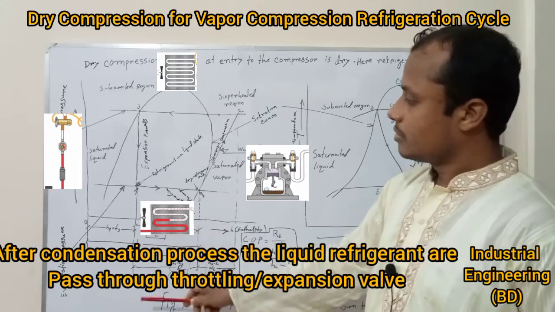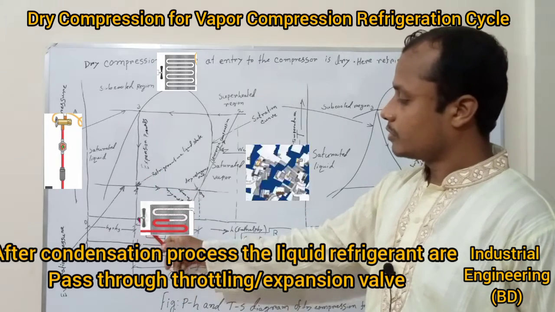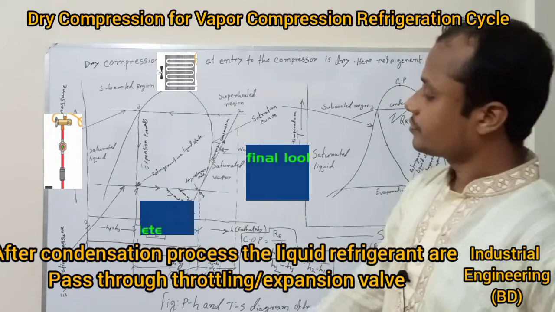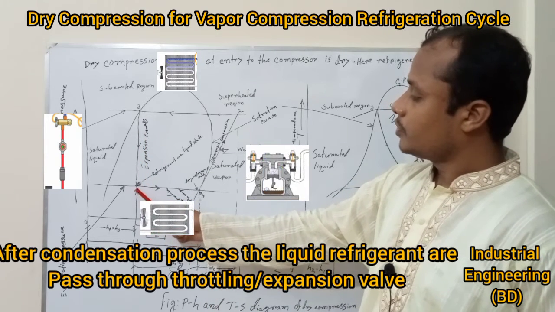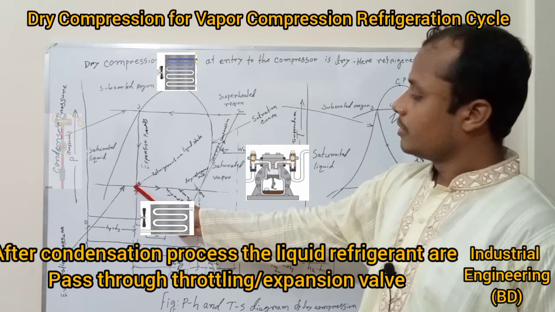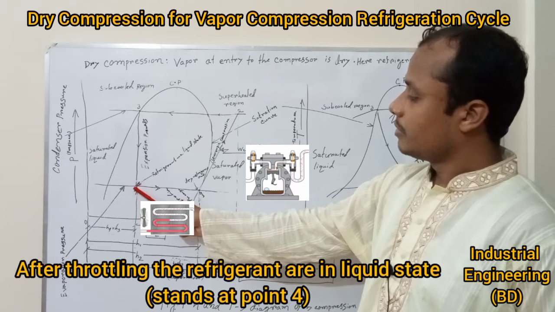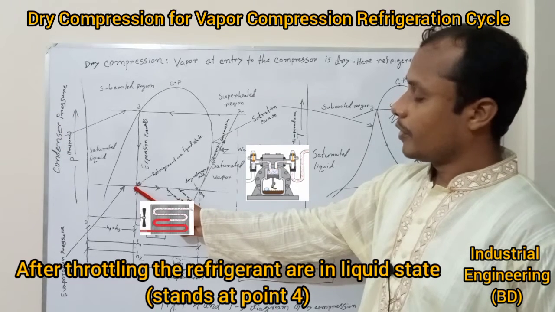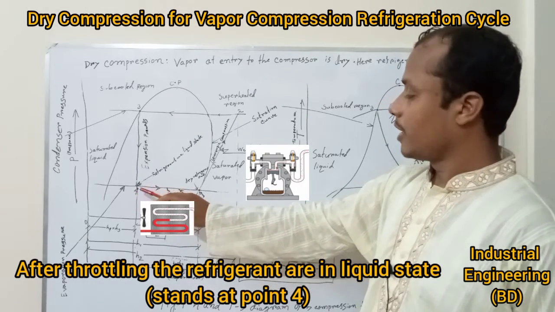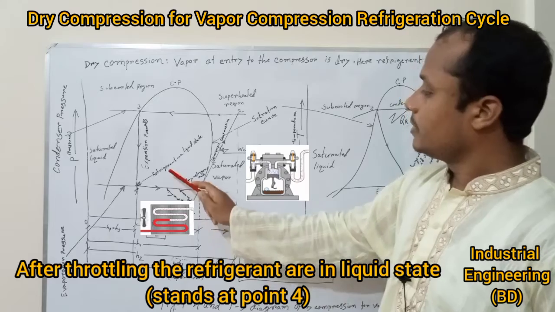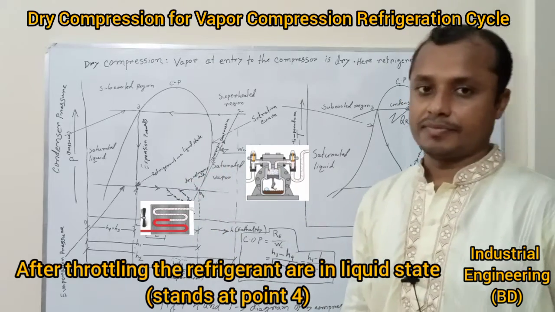Here pressure decreases at constant enthalpy. So after the expansion or throttling process, the refrigerant stays at point 4, in liquid state.